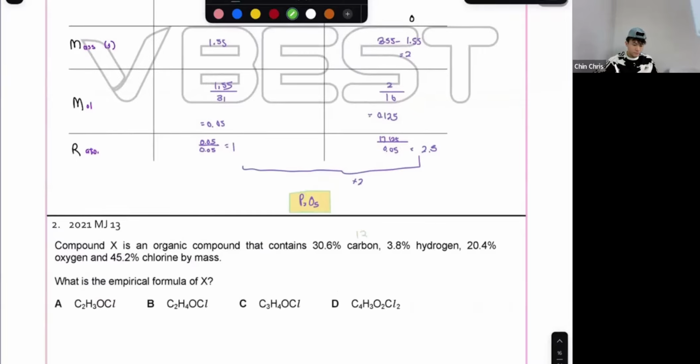Carbon is 12, hydrogen is 1, oxygen is 16, chlorine is 35.5. Let's go. M square table, guys. Anyone?